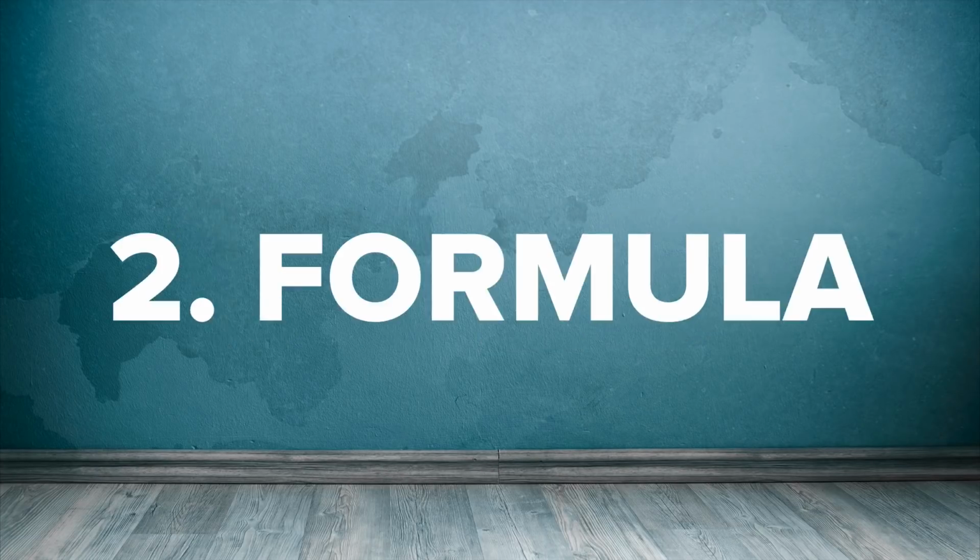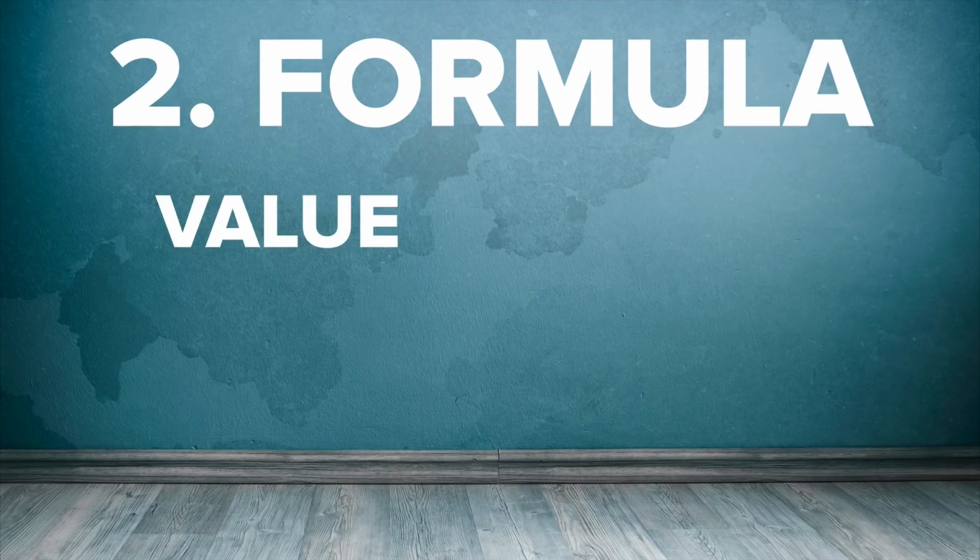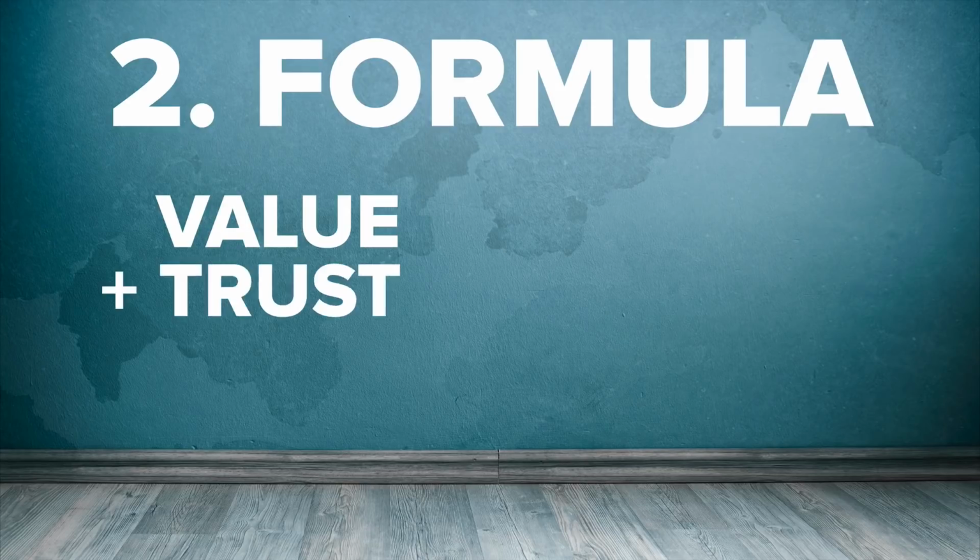And then point number 2 is I want to give you the formula for how to get a subscriber. And that is, first, you provide value, which you're already doing on your website, hopefully in some way, shape, or form. And in that, you earn trust with your audience. But even with the value that you provide and the trust that you've earned with your audience, you must ask for the subscription.